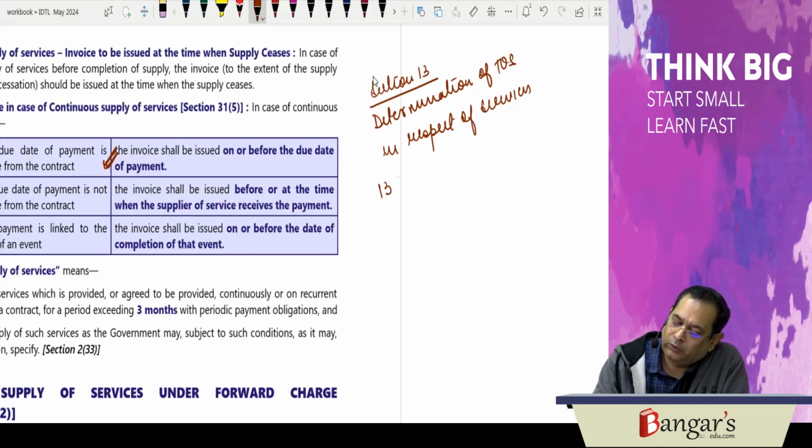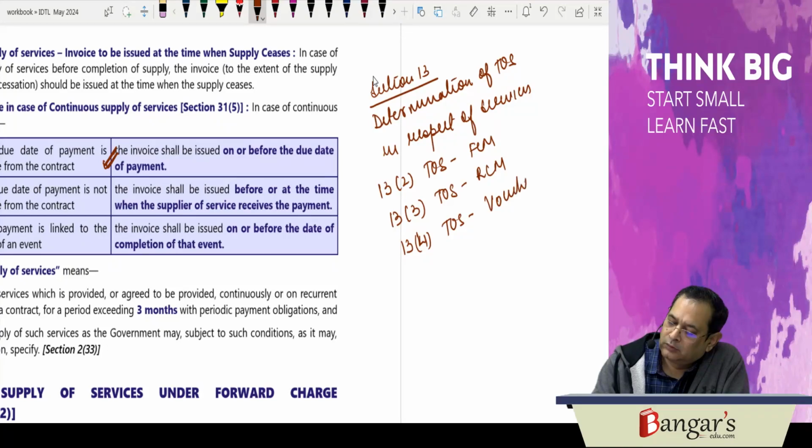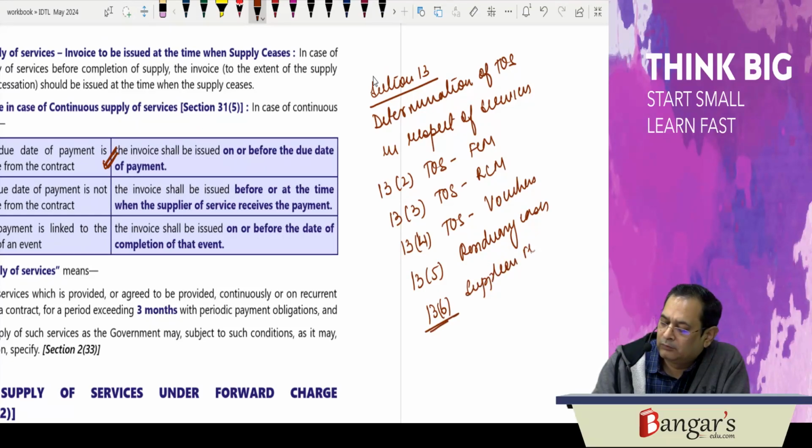Here, 13.2 is time of supply under forward charge mechanism. 13.3 is time of supply under reverse charge mechanism. 13.4 is in relation to vouchers. 13.5 residuary cases, and 13.6 is when the supplier receives addition in value.